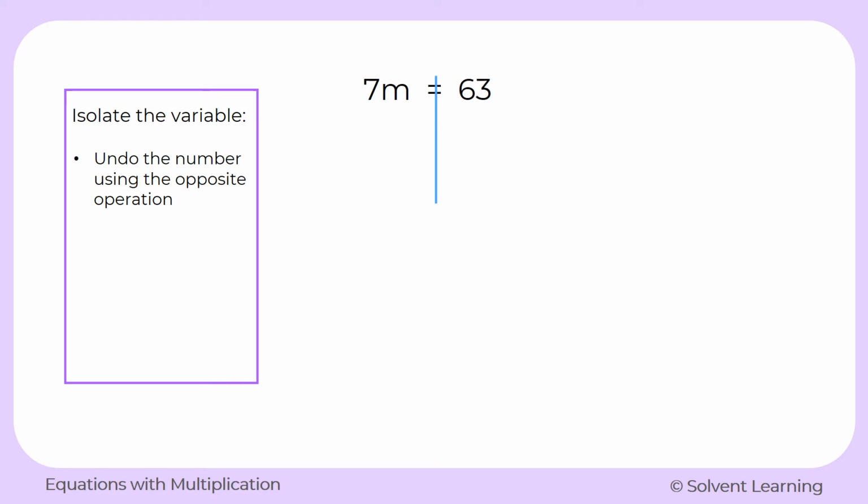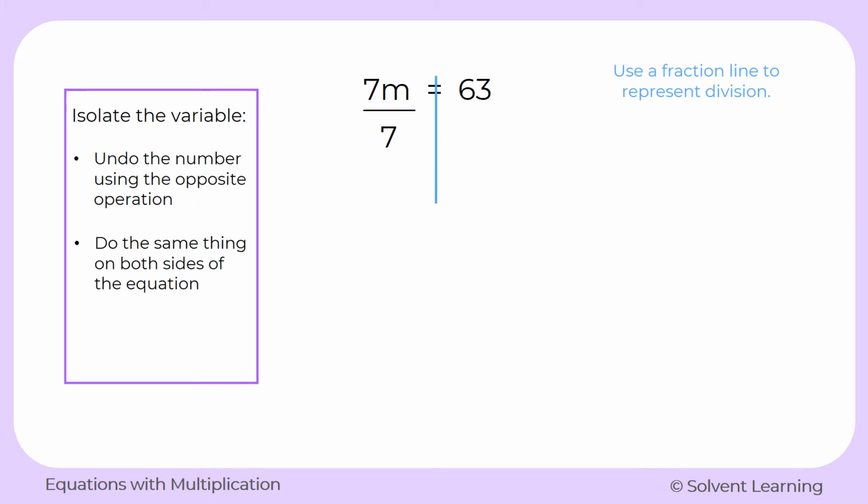So we're going to use division to undo that 7. Now notice I use a fraction line to represent division. By doing it this way, we're going to keep our work nice and neat. We're going to show all of our steps written right under each other so that we can clearly see what's going on.